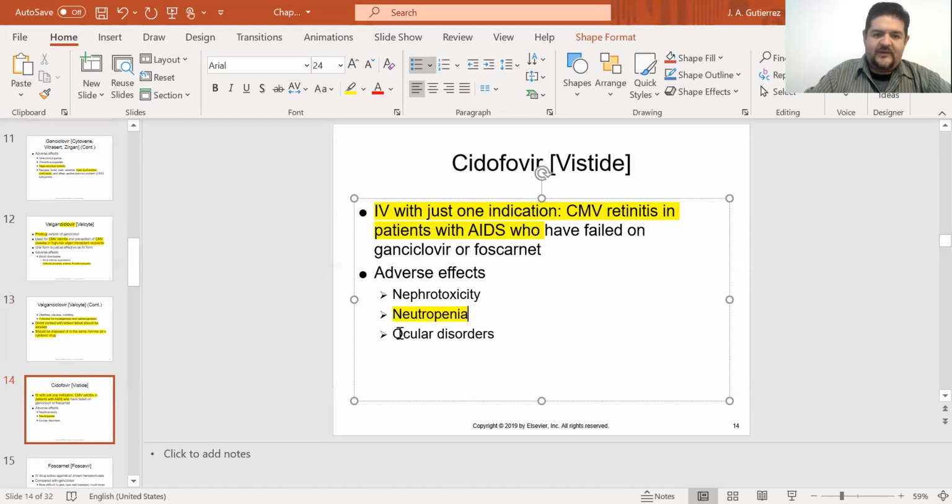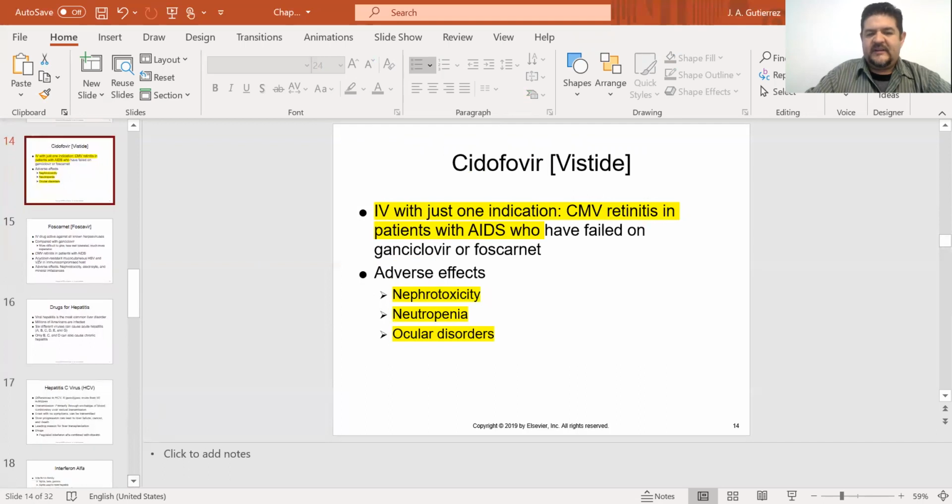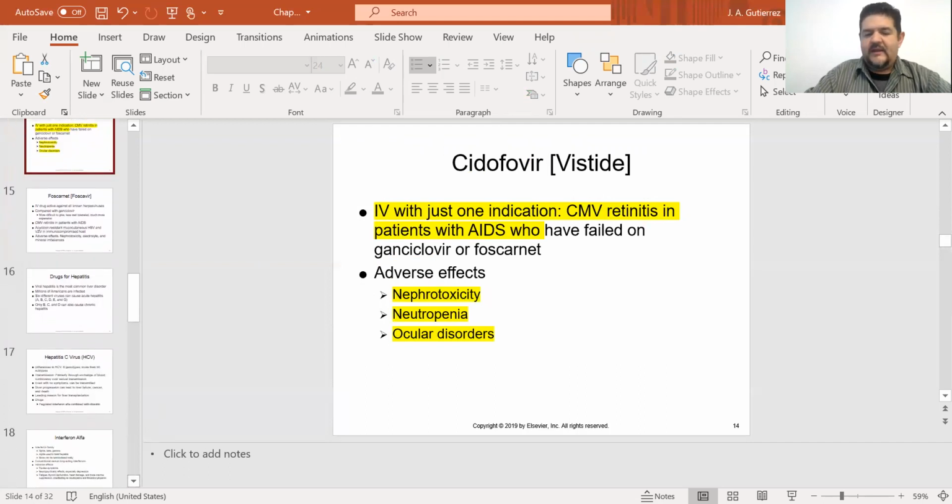Because the target here is the eye, the patient is going to say they have blurry vision or a diminished visual acuity. Medications are eliminated by the kidney, so they may have nephrotoxicity. And we mentioned that the follow-up regarding the kidney is BUN and creatinine.